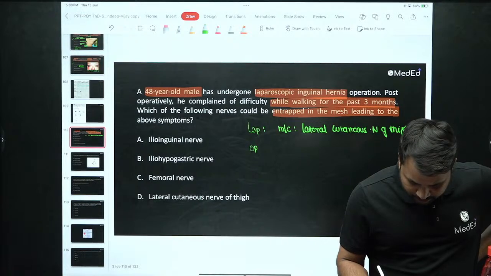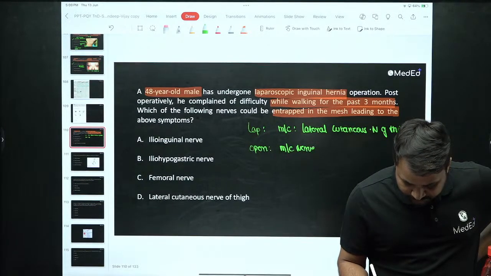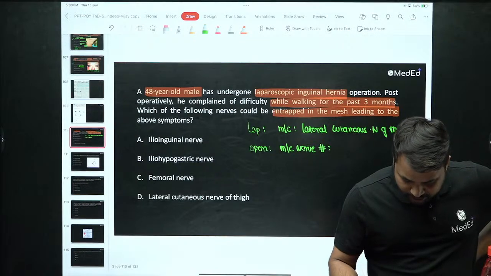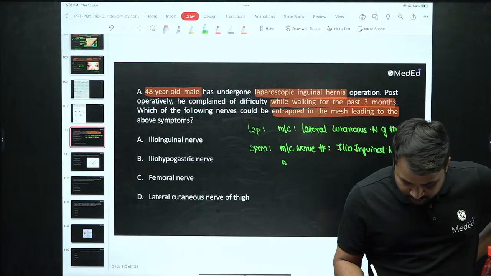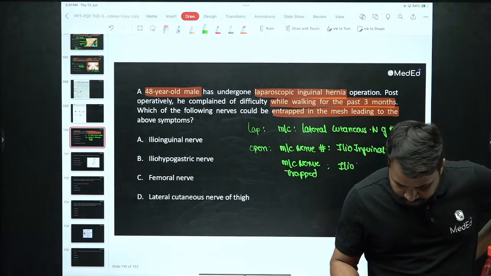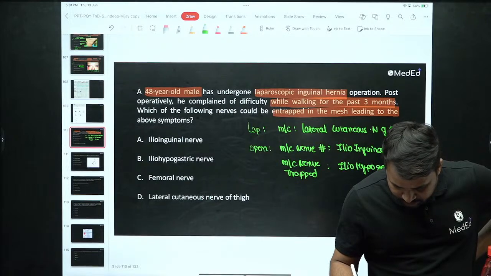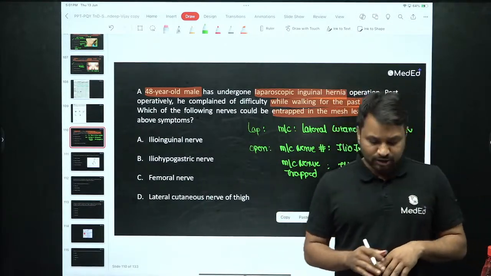When you talk about open repairs, the most common nerve that gets injured is the ilioinguinal nerve. But the most common nerve getting trapped in a mesh is the iliohypogastric nerve. The rest of the data on hernia we have already discussed in your previous exam.